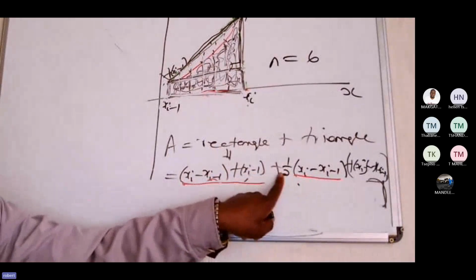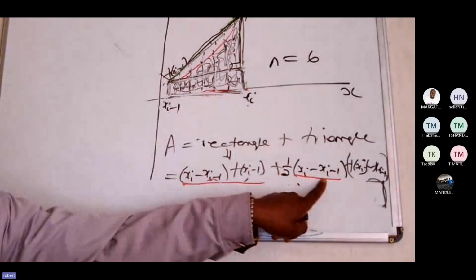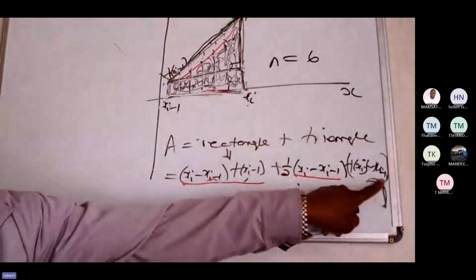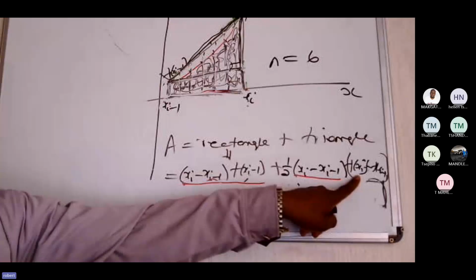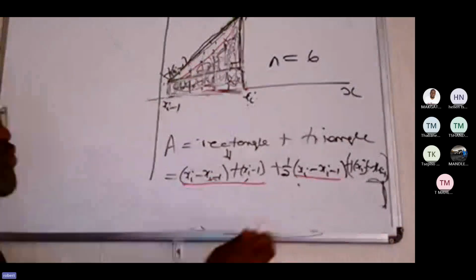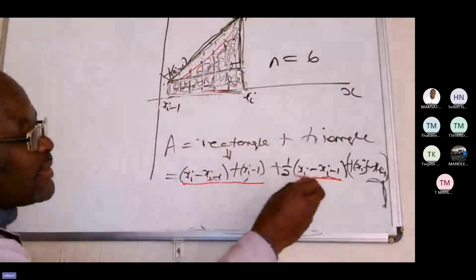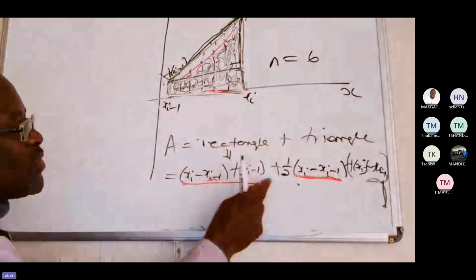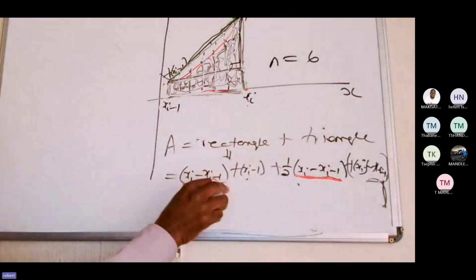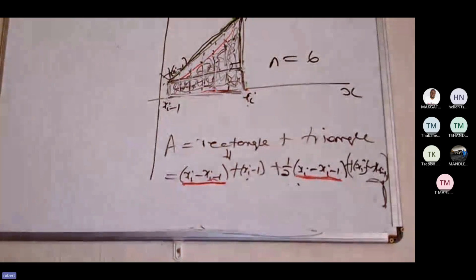Now this one is half multiplied by this, multiplied by this one, which is the difference. So what we have said from here is what? If you look at it, it is this and this one and this one. It's a common factor between these two. Then you can take it out.